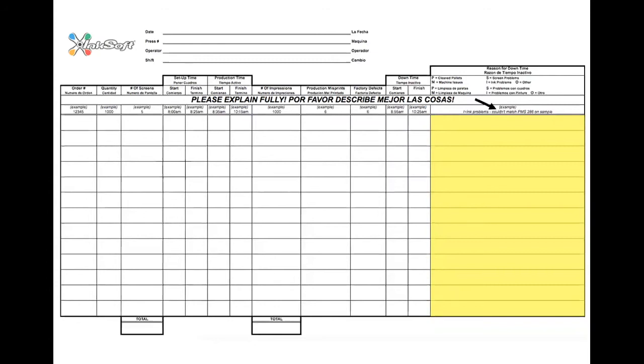Like, for instance, fuzzballs are caused by lint. So I've been to plenty of shops where the presses look like they're a bunch of sheep that need shearing because there's so much lint on it. Well, that lint drips down or gets into the screen, and then that causes the fuzzballs in the ink, and that transfers to the shirt.